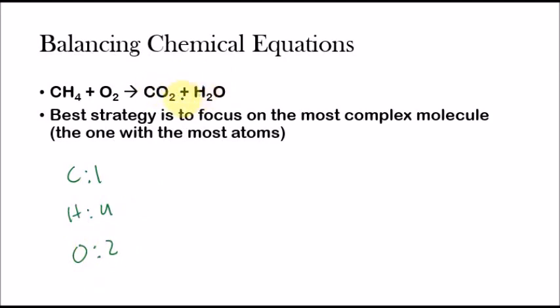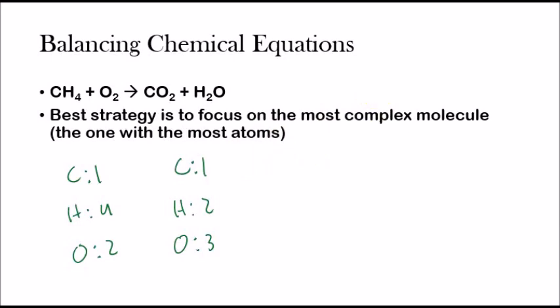On the product side, we have one carbon atom, 3 oxygen atoms, because 2 plus 1 is 3, and then 2 hydrogen atoms. So this is not matching up. Because of that, we're going to have to balance the chemical equation here.